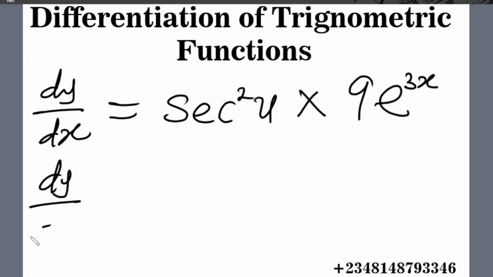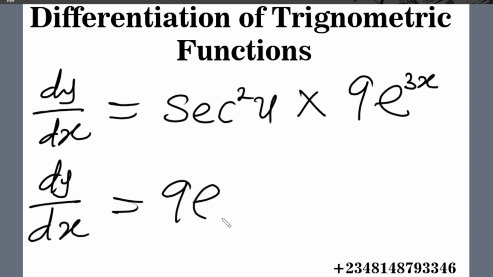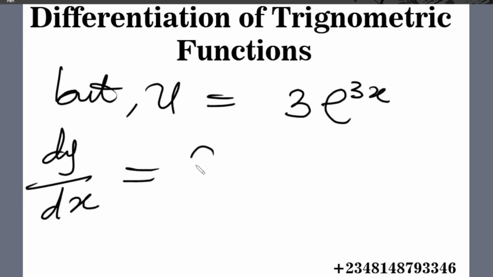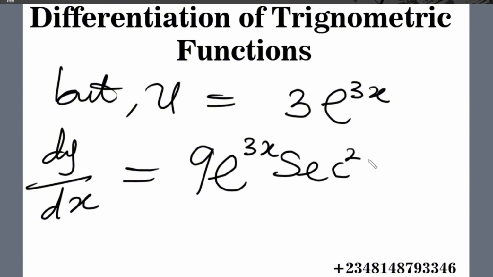Therefore, dy over dx equals, let's rearrange this, 9 exponential 3x multiplied by sec squared u. But u equals 3 exponential 3x. Substituting the value of u into the equation, we have dy over dx equals 9 exponential 3x sec squared, open bracket, 3 exponential 3x, close bracket.